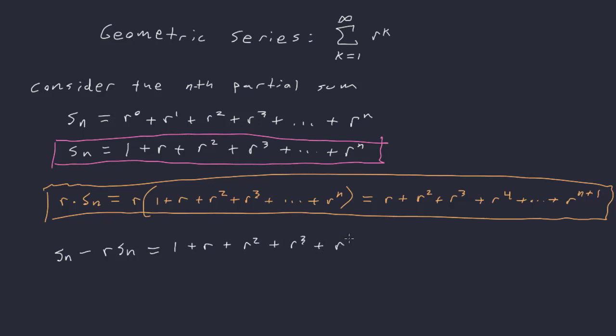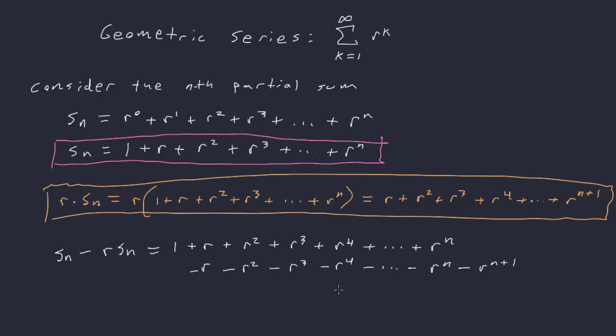I'll go ahead and write another r to the 4th on up to plus r to the n. So there's our Sn. Now I'm going to subtract away this r times Sn. I'm going to align it such that, because this one starts at r, it's going to be minus r, minus r squared, minus r cubed, minus r to the 4th. So you see why I wrote another term out. Minus all the way up to minus r to the n, minus r to the n plus 1.